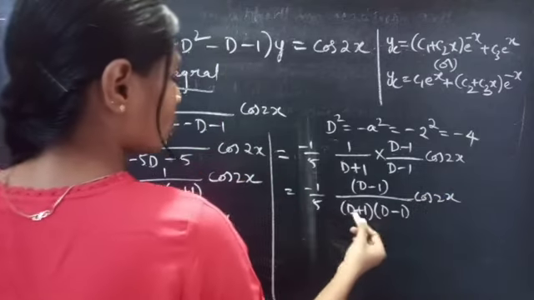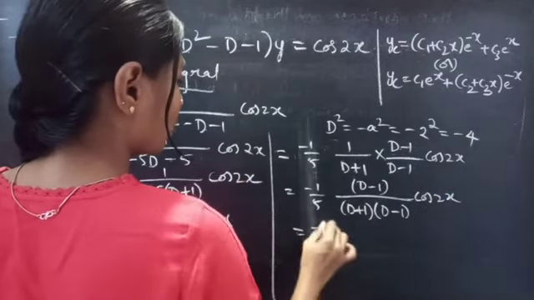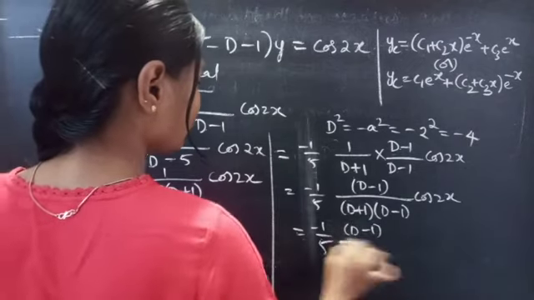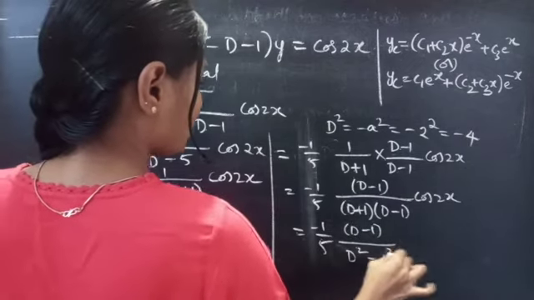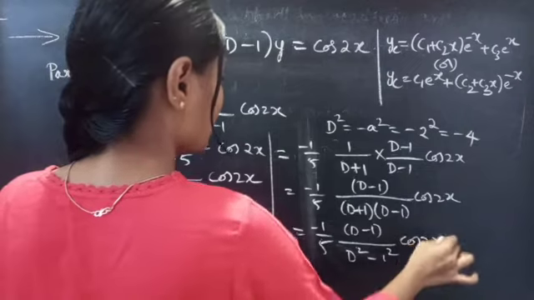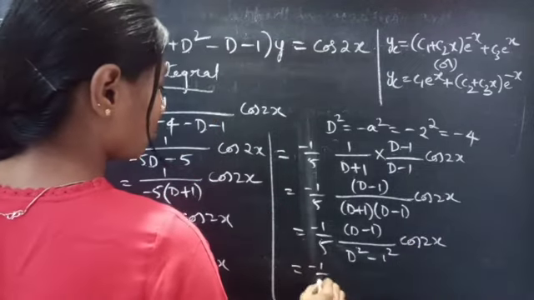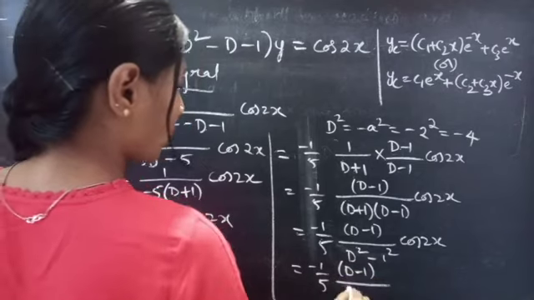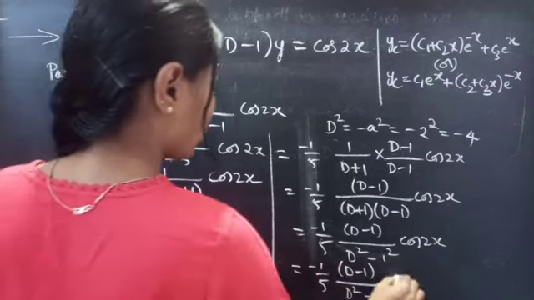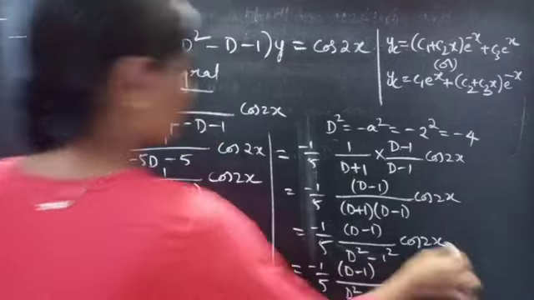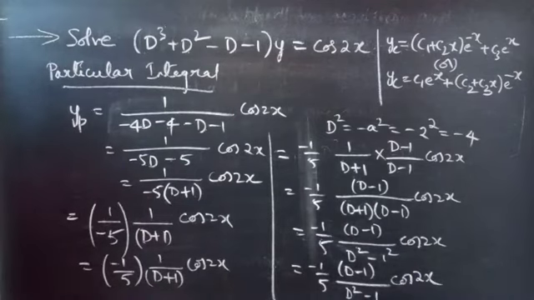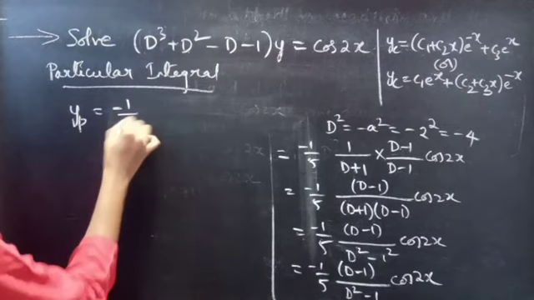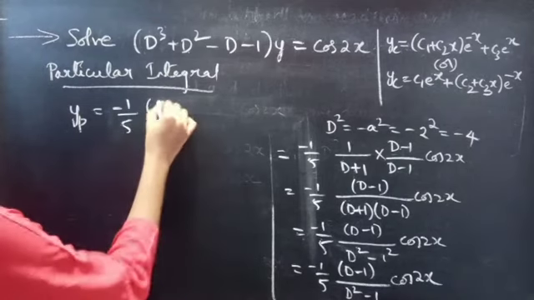So the denominator is of the form (a plus b)(a minus b), so we can write the denominator as a square minus b square: D square minus 1 square into cos 2x, which equals minus 1 by 5 into (D minus 1) by (D square minus 1) into cos 2x. We'll just write this as it is.